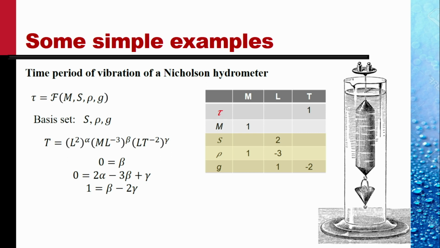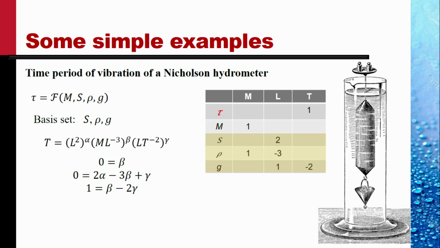For length, the first S contributes 2 alpha, rho contributes minus 3 beta, and G contributes gamma. So the equation is 0 is equal to twice alpha minus 3 beta plus gamma. Similarly for time, 1 on the left hand side, beta minus 2 gamma.